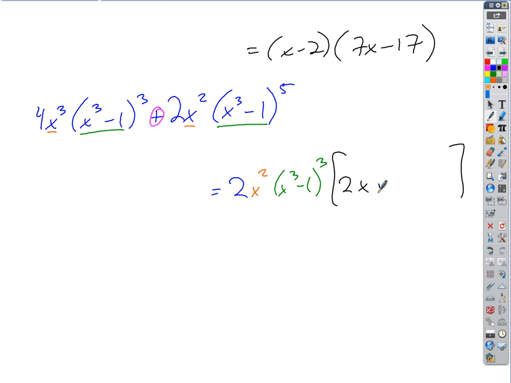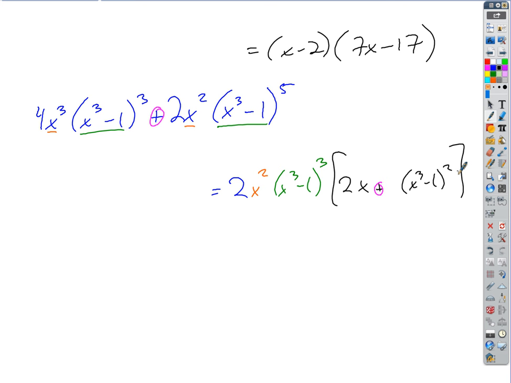What about the second term? So there's my plus sign. I'm dividing 2 and x squared by 2 and x squared, so those go away. The quantity to the 5th divided by the quantity cubed is just the quantity squared, right? So I end up with... okay, makes sense?